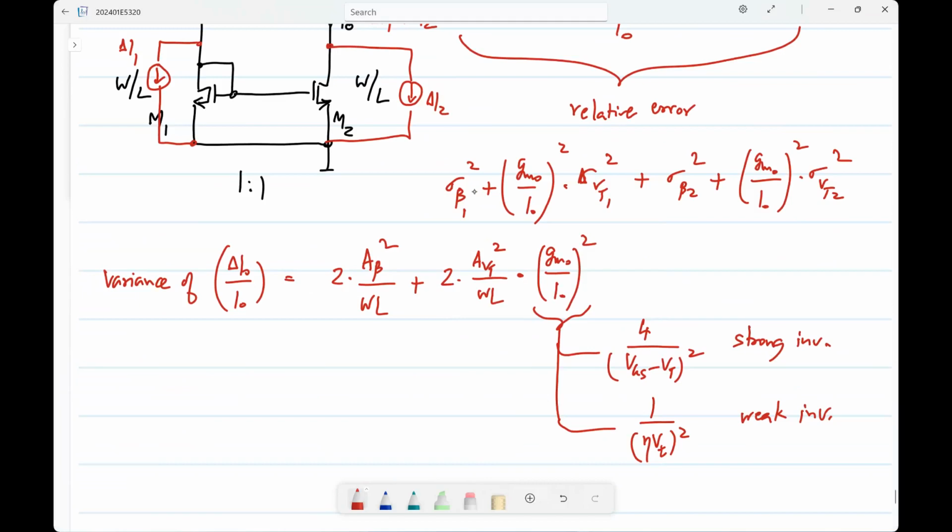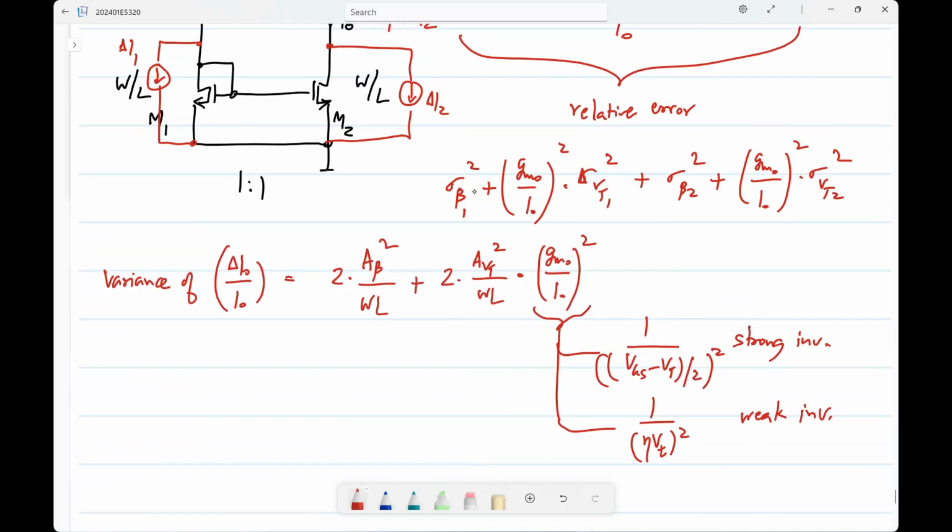In fact, maybe it is more illuminating if I write it as half of VGS minus VT should be above 75 millivolts. Whereas what is the thermal voltage? 25 millivolts. Even if eta is 2, it's only 50 millivolts. So clearly in weak inversion, the effect of the threshold voltage mismatch will be larger.